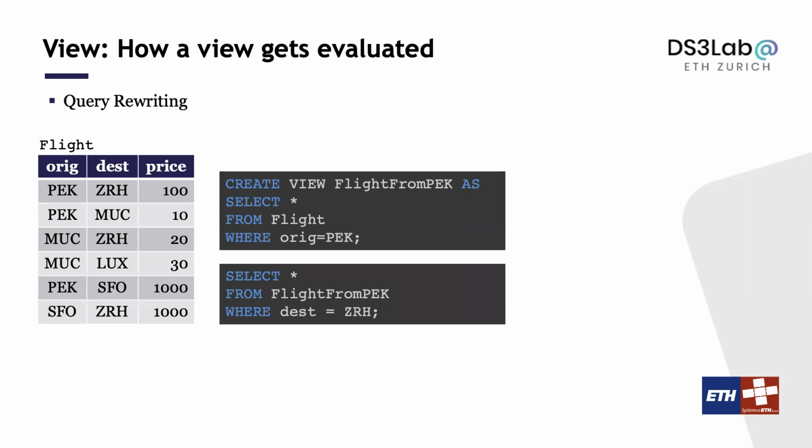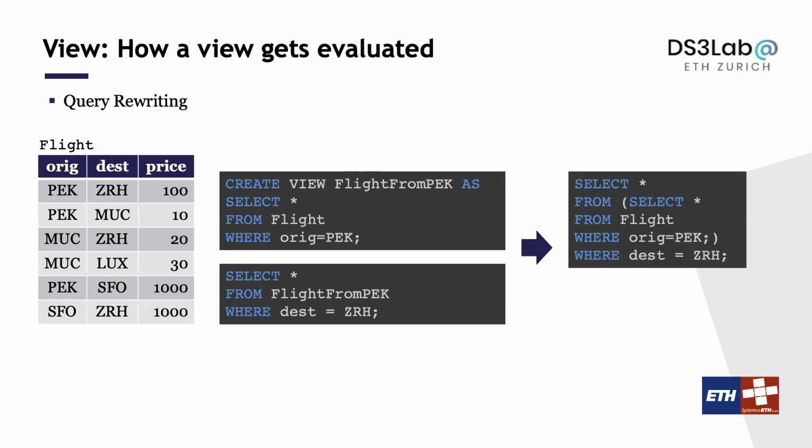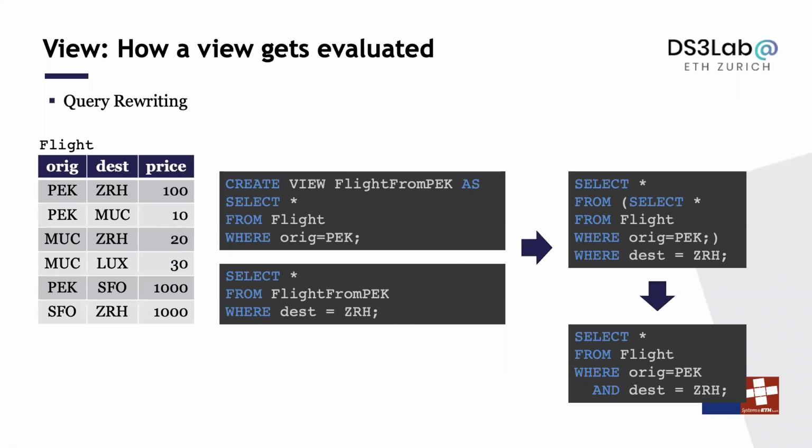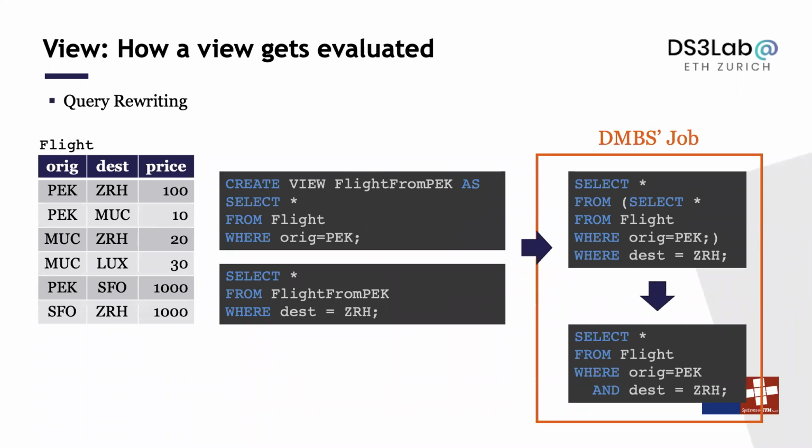What's going to happen when you give the query to the system is that the system is going to rewrite this query and replace the name of this view with the query defining this view. So you replace flight from PEK with this query, and then run this query for you. And then it can do some query rewriting to make that much simpler, right? This is the job of the database management system to automatically deal with that for you as a user.